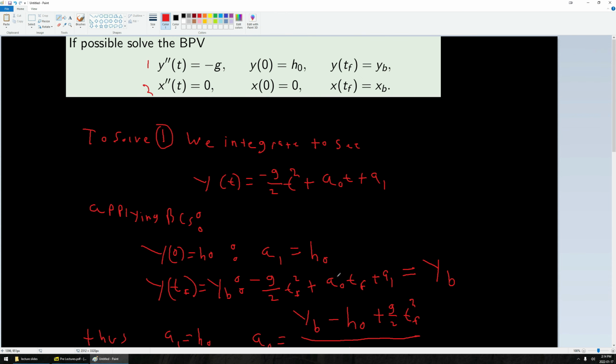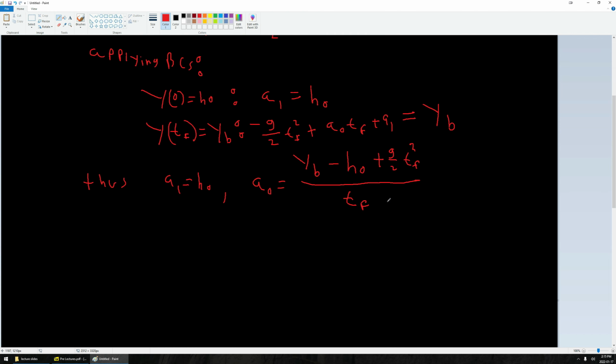And physically, within the context of this problem, if tf was 0, then there's no way I can satisfy those boundary conditions because I can't be in two places at the same time, unless I start with the ball being in the basket, and that's not going to impress anyone. So from here I can simplify this just by cleaning up the 2.